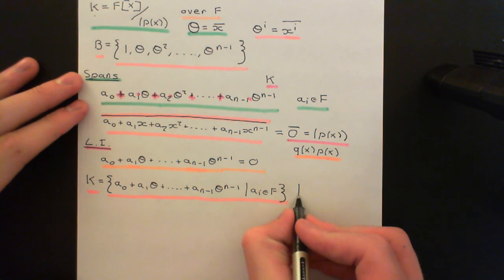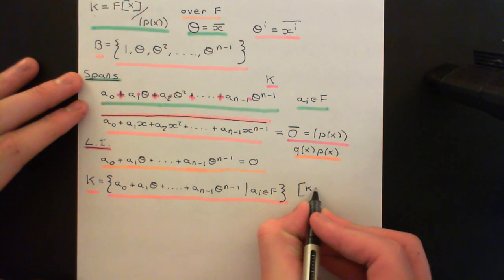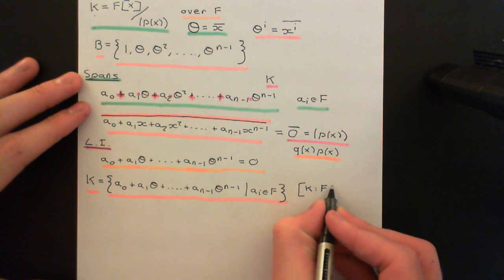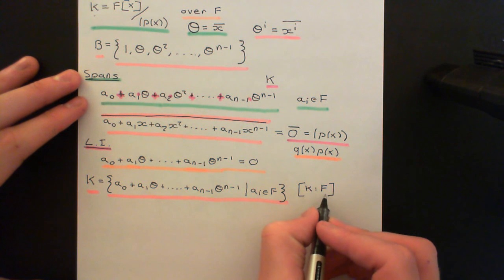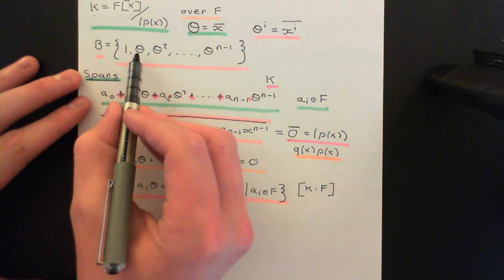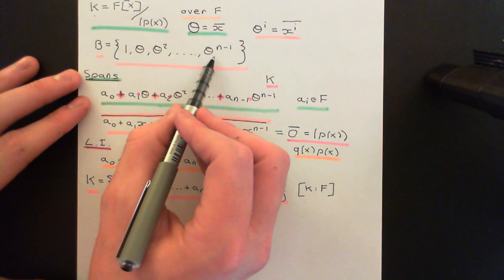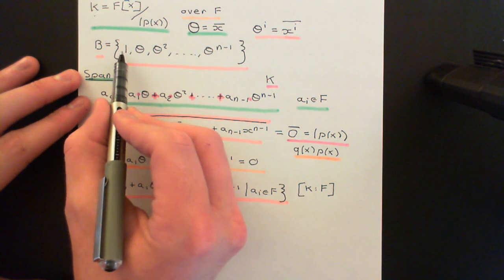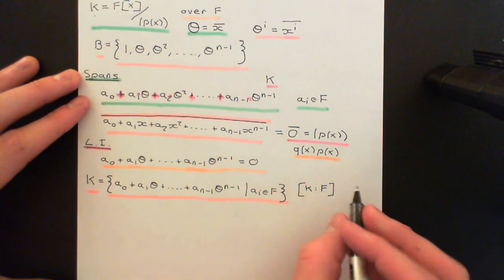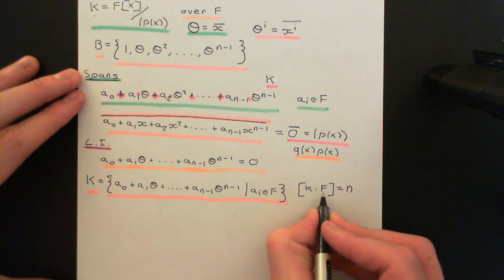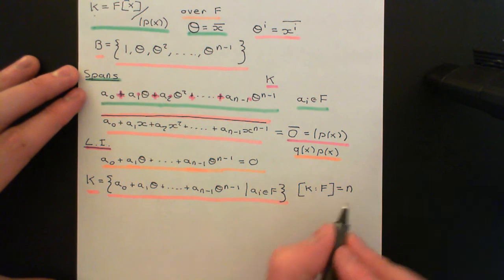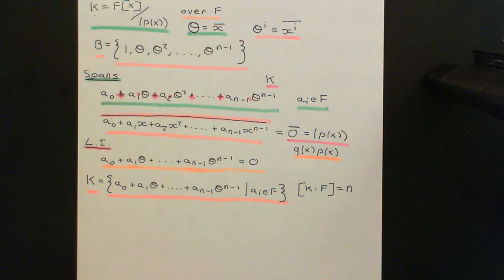In particular, what we can now do is make a comment about what the degree of our field extension K over our initial field capital F is going to be. Okay, well that's just the number of basis vectors that we have. How many do we have? Well, from theta up to theta to the n minus 1, we have n minus 1, but then remember 1 here. Okay, so overall we have n. So the degree of this field extension K over F is going to be n, the degree of that irreducible polynomial that we wanted to add in a root to.